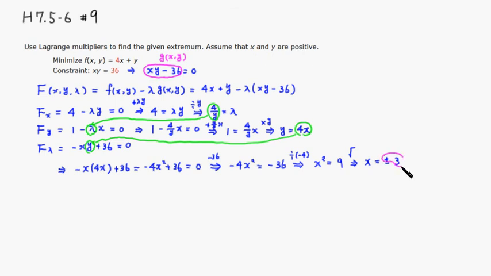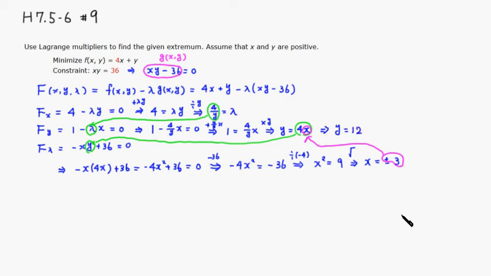The corresponding y value can be found by plugging x in: y is 4 times 3, so it's 12.